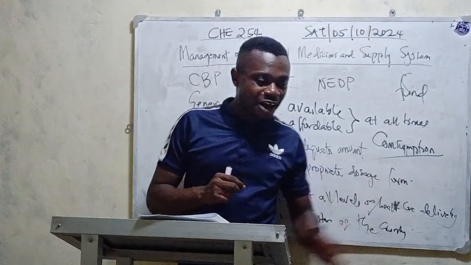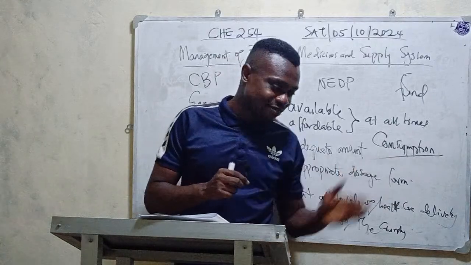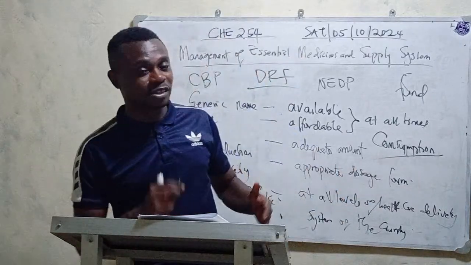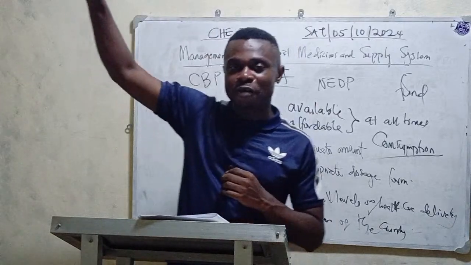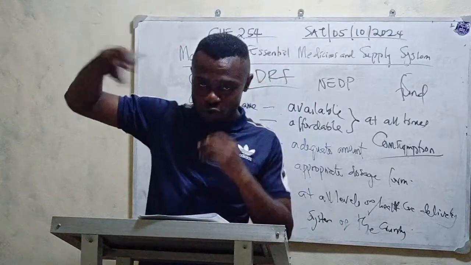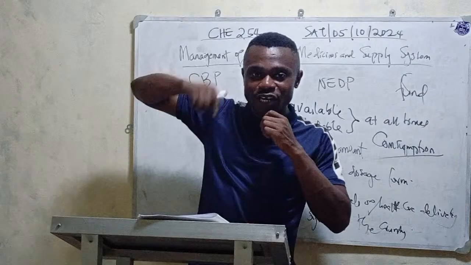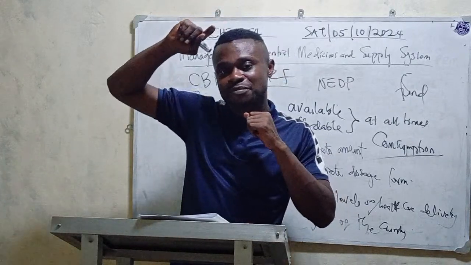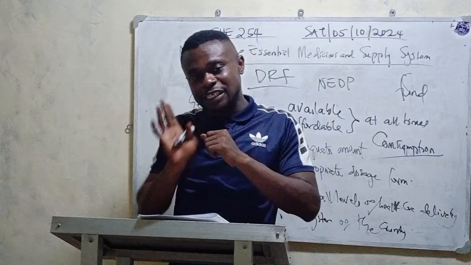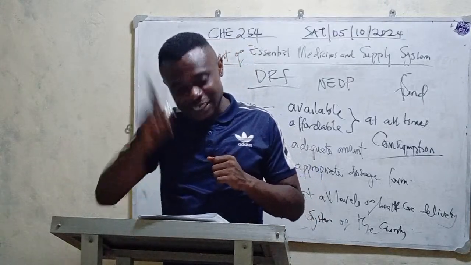Then you determine the interval for ordering. First, review the prevailing problems and add new ones. Secondly, you choose the drug by the generic name, tagging it with the problem it treats.